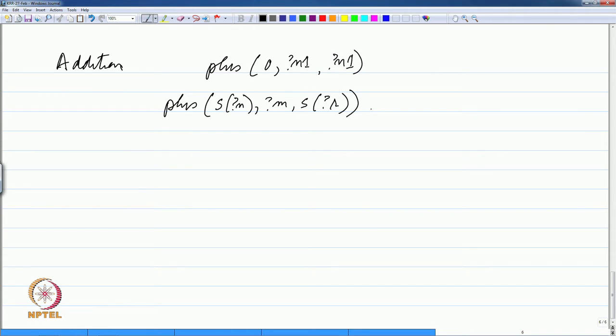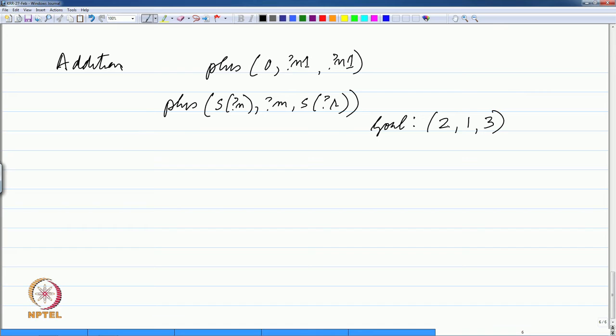So, if I give a goal, as in, is this formula true, let us say not a very large number, 2 plus 1 gives 3, then of course, you will just plug it in.